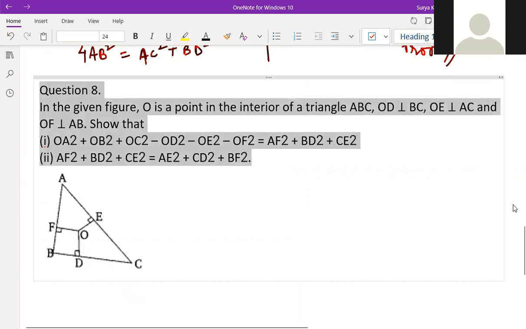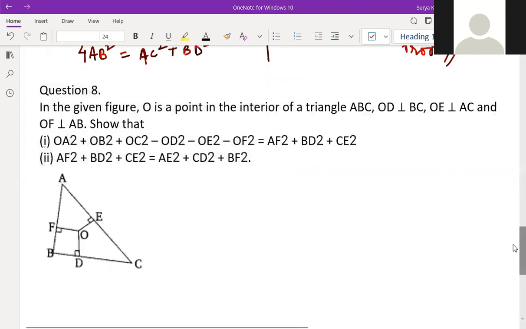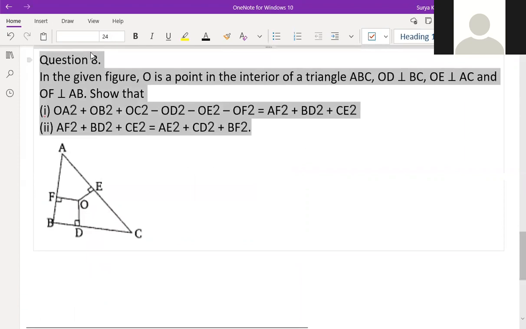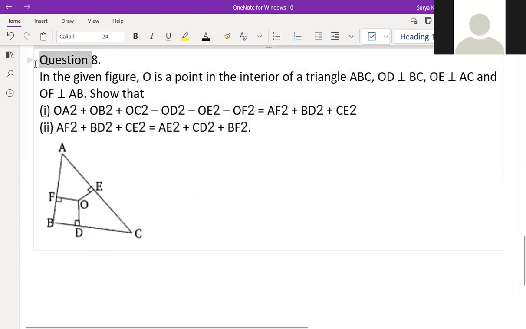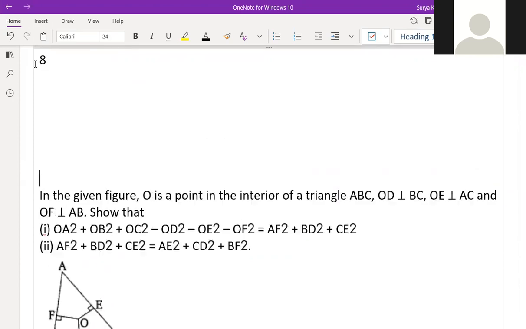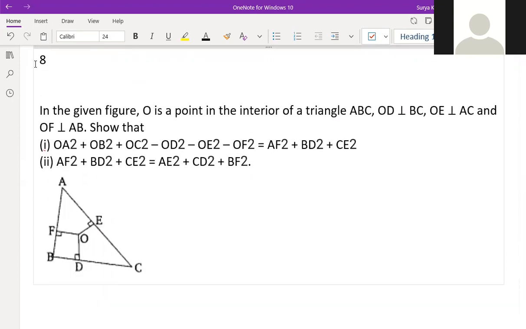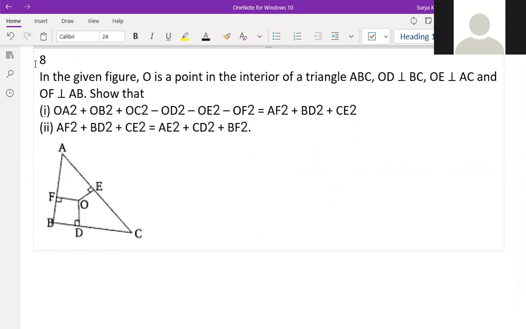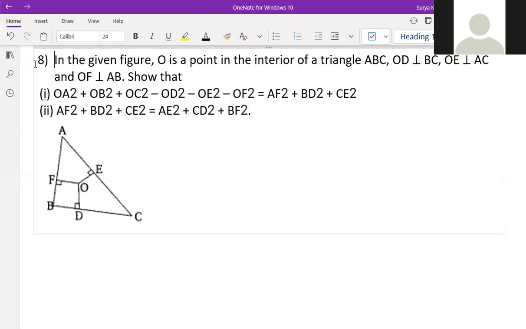See this question, children. Can you do this or not? Question number 8. In the figure, O is a point in the interior of triangle ABC.